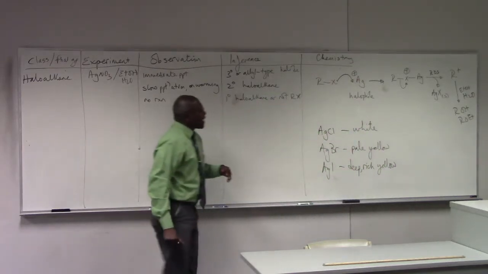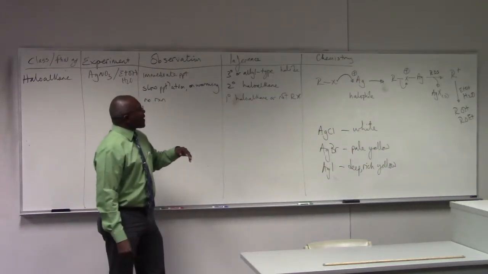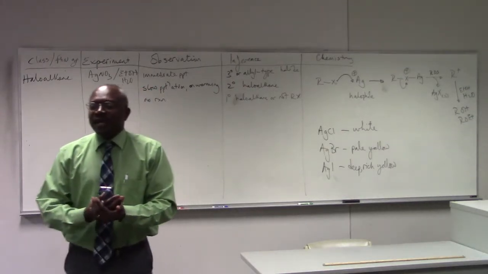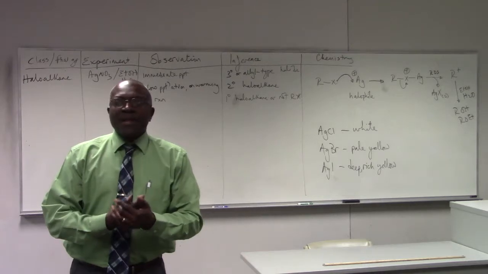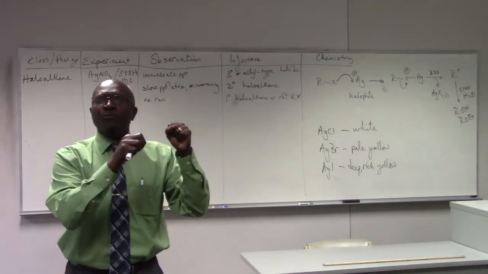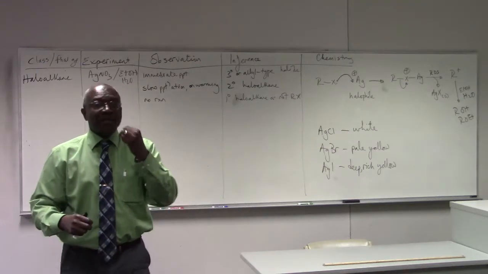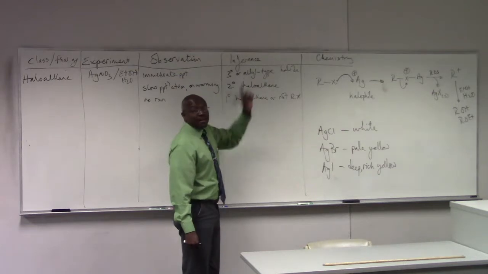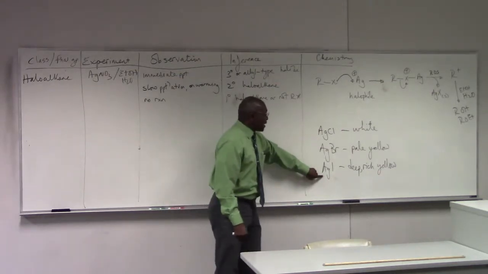So if I have an unknown and I add to it ethanolic silver nitrate, and I see immediate formation of a deep yellow precipitate, well, I know two things. I know it's either a tertiary or allyl halide, and more to the point, I know the halide is an iodide.